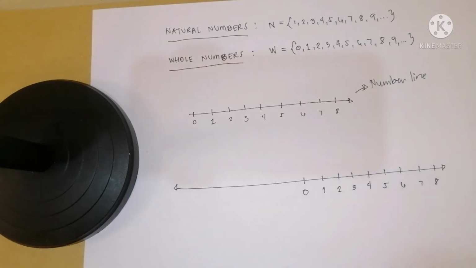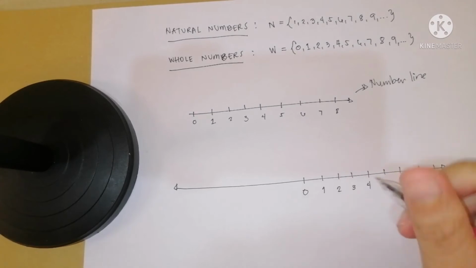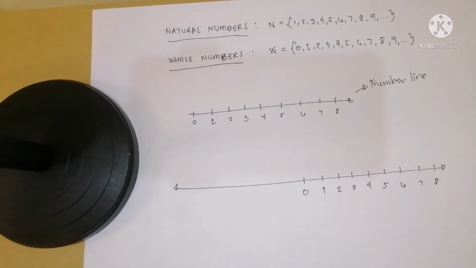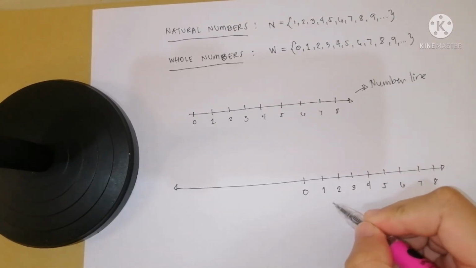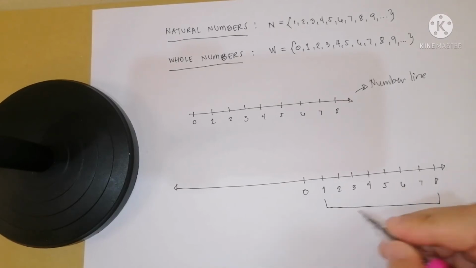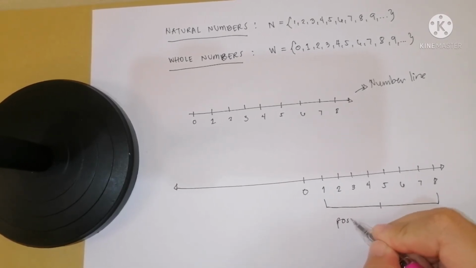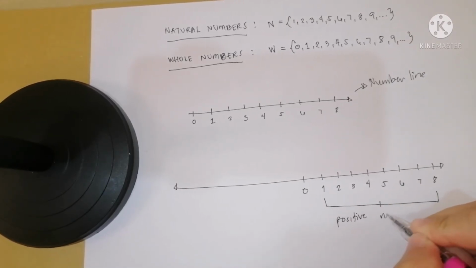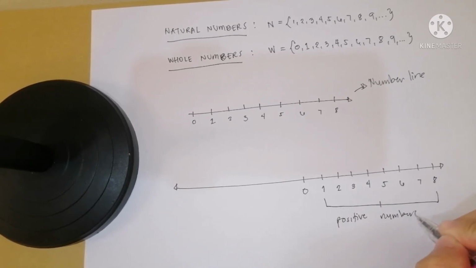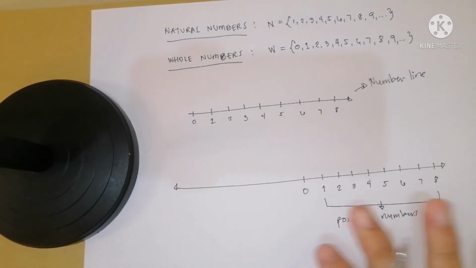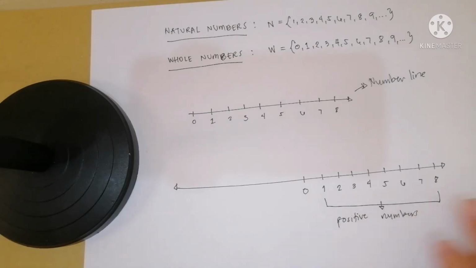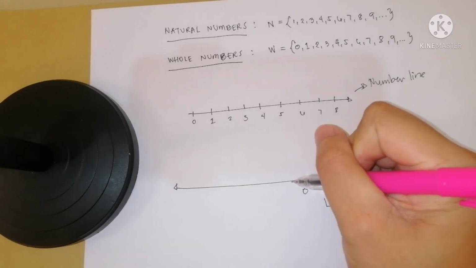These numbers are called the positive numbers. So this set of numbers to the right of 0 is called positive numbers.